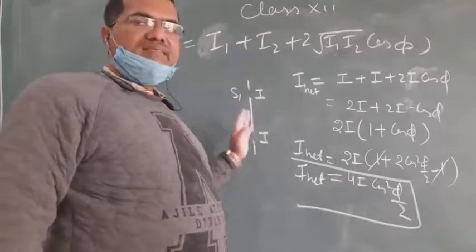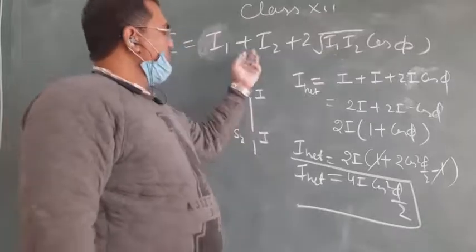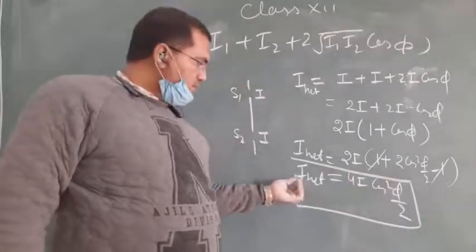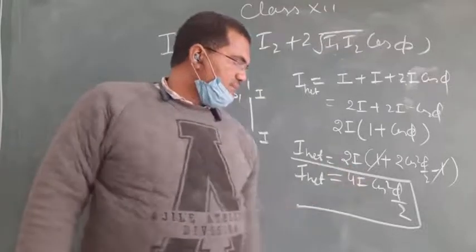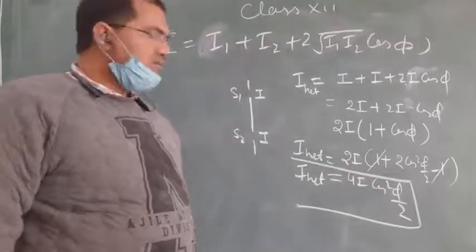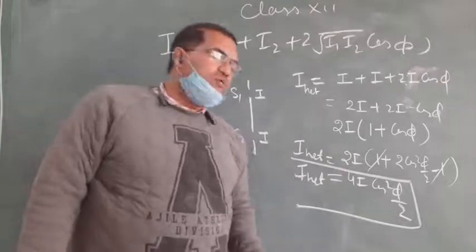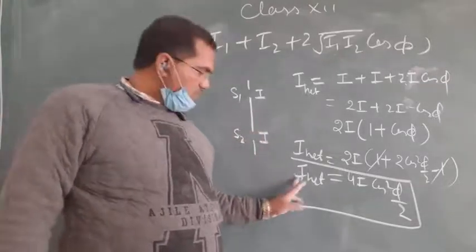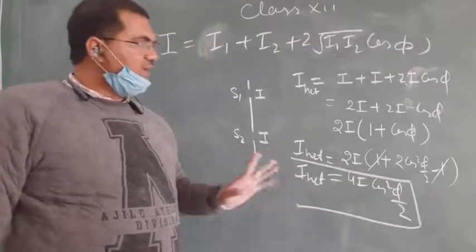When sources have the same intensity, this formula converts into that one. You have to remember I net equal to 4I cos square phi by 2. Very important.